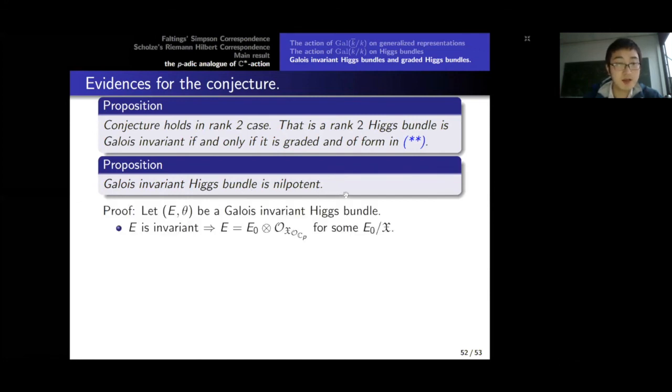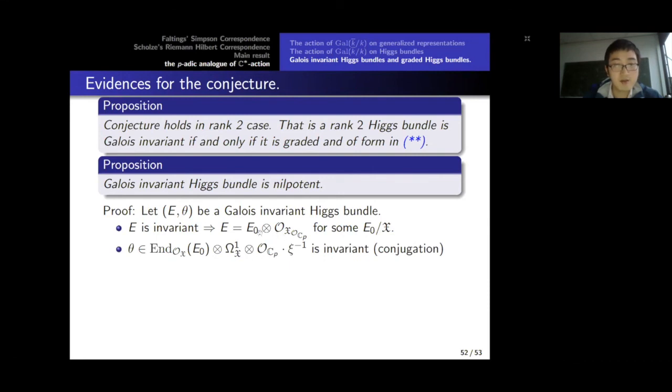For the proof of this proposition, let (E, theta) be a Galois invariant Higgs bundle. Then, because this is Galois invariant, its underlying bundle E is also invariant. Then we get that this bundle is defined over X, which means there exists some E0 such that E equals E0 tensored with this structure sheaf.